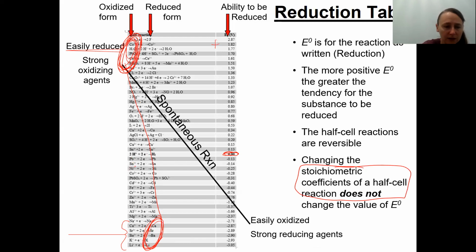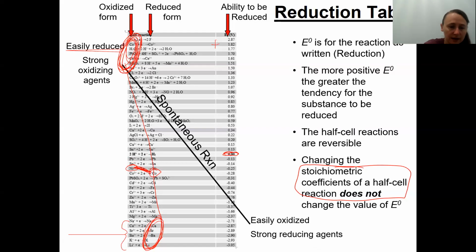So if you look real closely here, you see nickel 2+ here and cobalt solid here. There would be a spontaneous reaction there because nickel 2+ favors getting reduced more than cobalt 2+, but the cobalt would be a little bit more reactive.